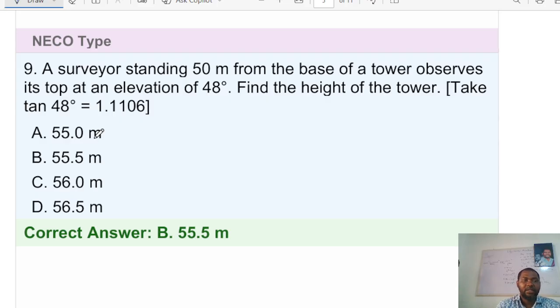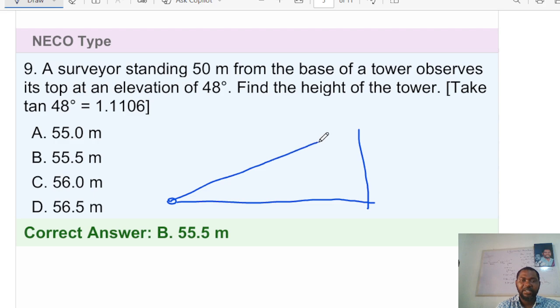This one says, a surveyor standing 50 meters from the base of a tower observes its top at an elevation of 48 degrees. Find the height of the tower. Let's say this is the tower and the observer is somewhere here, and this is the elevation, 48 degrees.